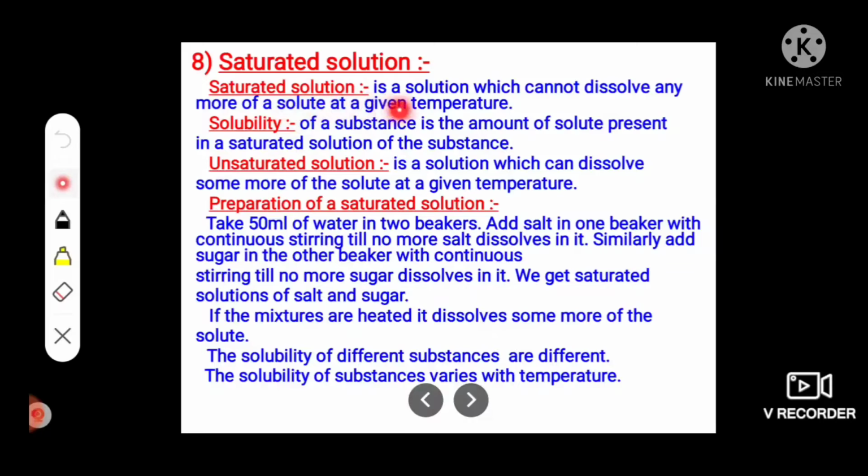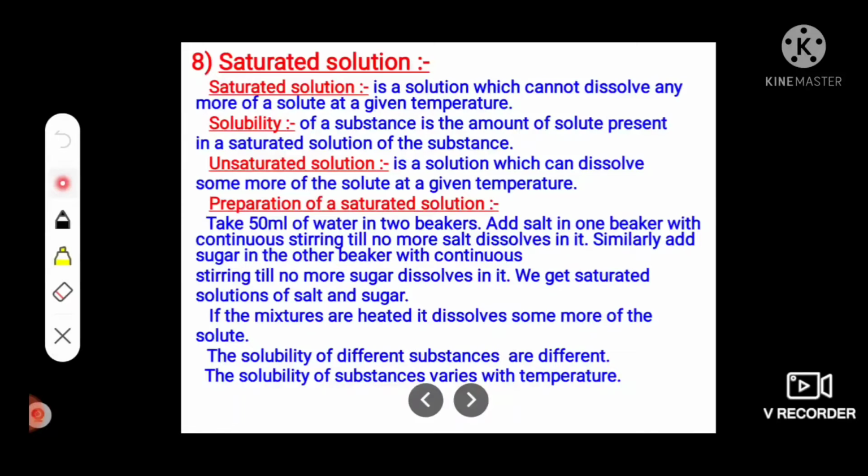Solubility of a substance is the amount of solute present in a saturated solution of the substance. An unsaturated solution is a solution which can dissolve some more of the solute at a given temperature.